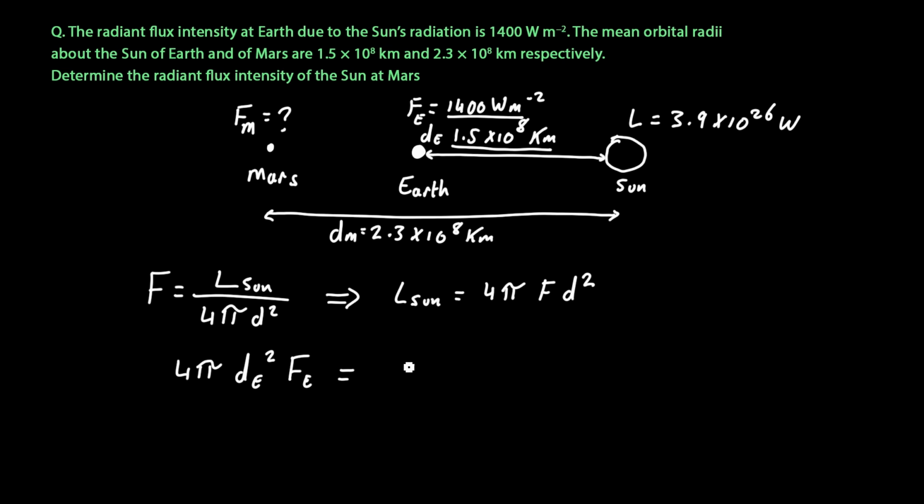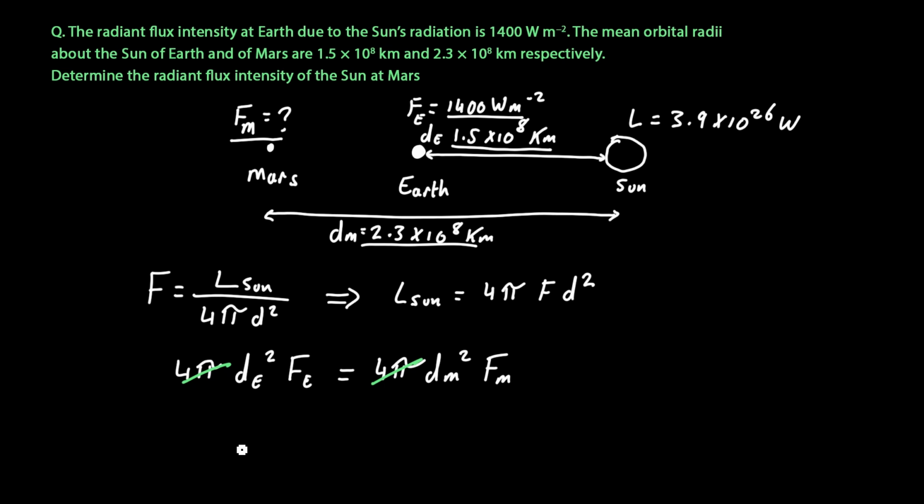But also, we can say that the luminosity of the Sun is equal to the surface area of a sphere with a radius to Mars' orbit multiplied by the flux intensity at the distance from the Sun to Mars. So we've got 4 pi on both sides of the equation, and this cancels out.